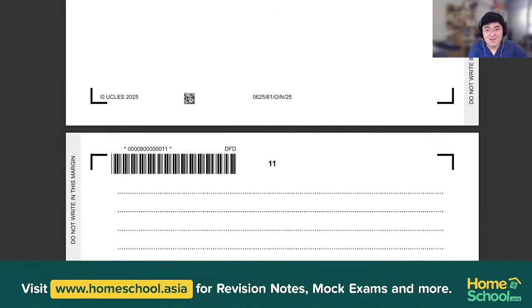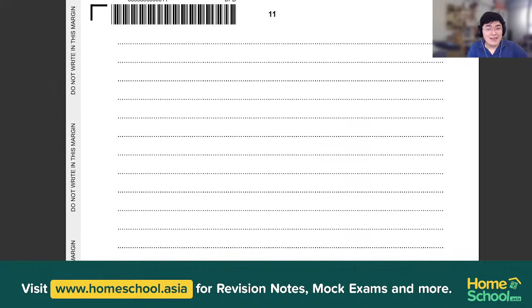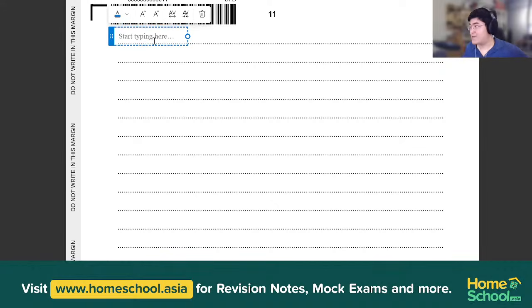Right, with all that said and done, let's write down our answer. Instead of me writing down the answer, let me just type it out. It's a lot easier. So let's write it down.